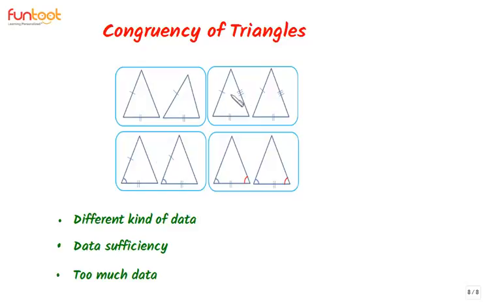In second, third, and fourth pair, we were able to tell whether the triangles were congruent or not based on 3 sets of data. And we know that in a triangle there are 6 elements. That means 3 sides and 3 angles. So for determining the congruency of two triangles, we need not know 6 sets of data. We should be in a position to choose the sufficient data for determining the congruency of triangles.